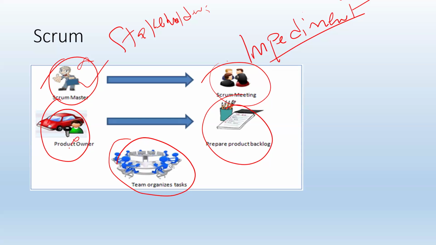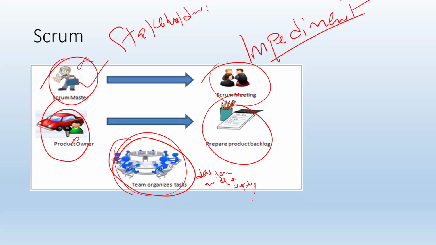So you can see here we have team, organized tasks, and responsibility, and there is no dev team, no QA team, no deployment team. This kind of differentiation doesn't happen in Agile.